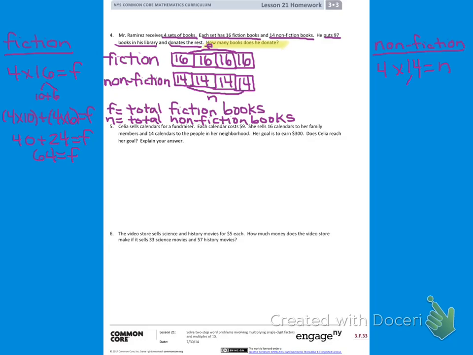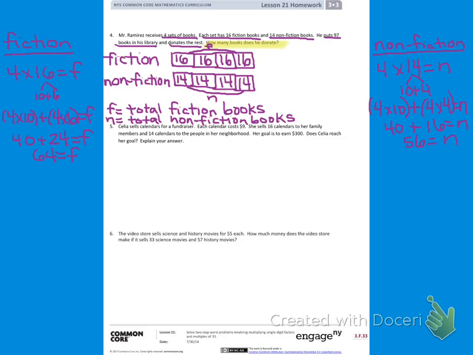I can decompose 14 to be 10 and 4, and then use the distributive property of multiplication and rewrite the math problem to be this way. 4 times 10 plus 4 times 4 equals N. This is much easier to solve. 4 times 10 is 40, plus 4 times 4 is 16. That's going to be equal to N. So 40 plus 16 is 56.